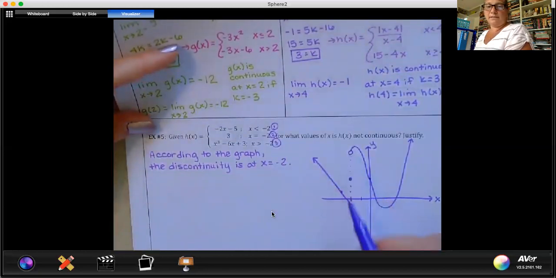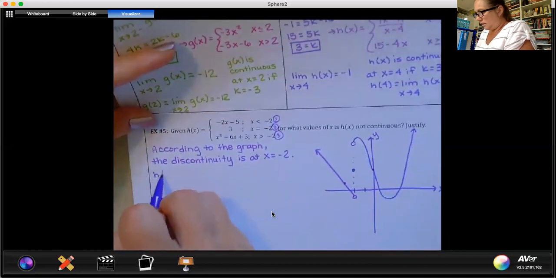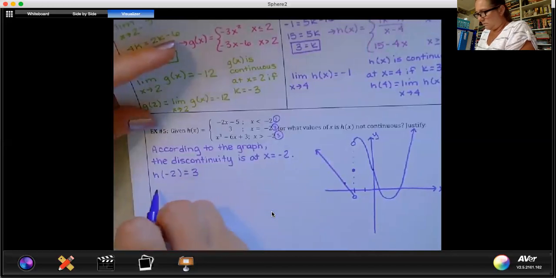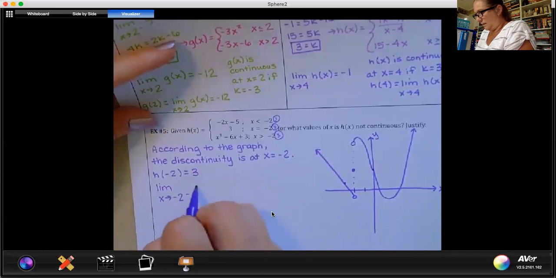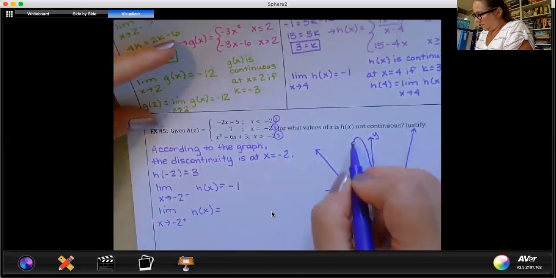So your limit's not going to exist, but your functional value will. So h of -2 is equal to 3. There's your functional value. The limit as x approaches -2 from the left is -1. From the right is +7.